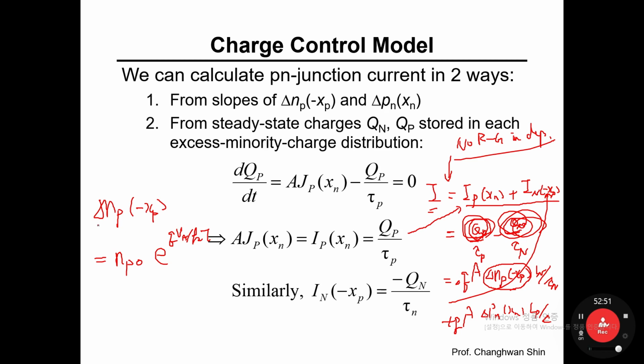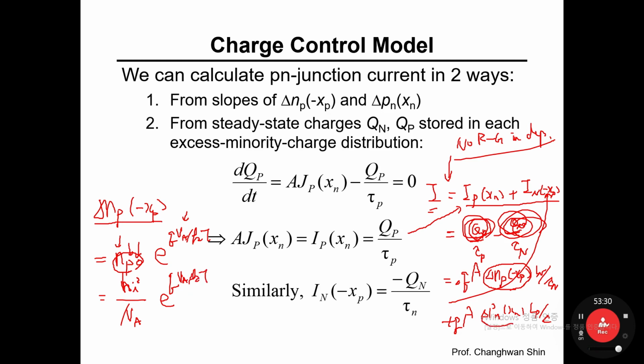At the very first step, number 1, you can see that the excess electron concentration at the edge of the depletion layer can be defined as Np naught times exponential qVA over kT. So this Np naught indicates the thermal equilibrium electron concentration in the p side. Since the p side has been doped with Na, it is ni squared over Na, times exponential qVA over kT.